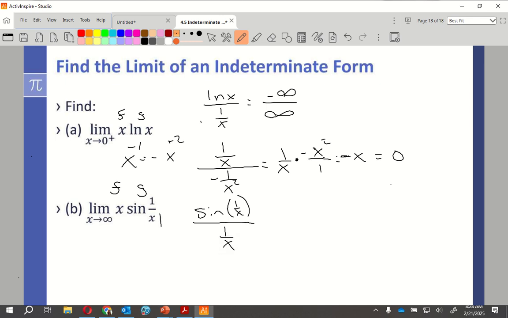Now, this is an identity. Can anyone tell me what that is? Good job, it is 1. It's normally going to look like sine of x over x. But since this is the same as what's on the bottom, I get 1 there.